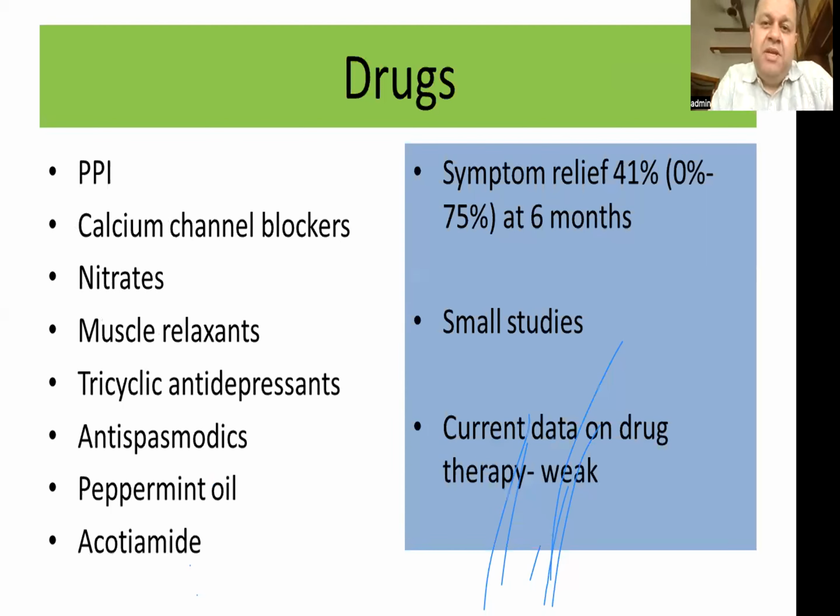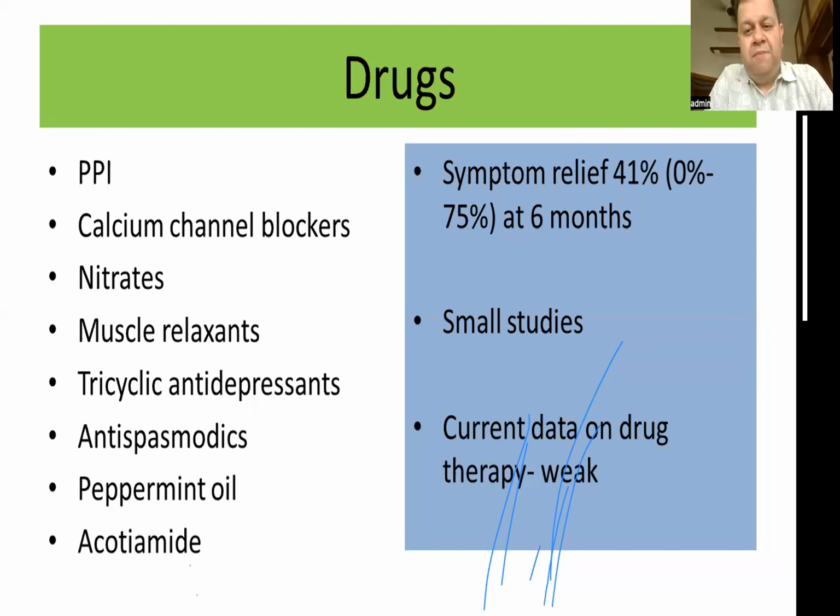Various drugs have been tried in the management of EGJ outflow obstruction. These include proton pump inhibitors, calcium channel blockers, nitrates, muscle relaxants, tricyclic antidepressants, antispasmodics, peppermint oil, and acotiamide. Now, symptom relief in the majority of these patients is poor.